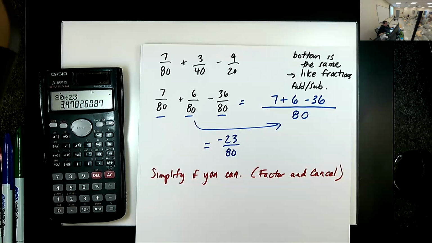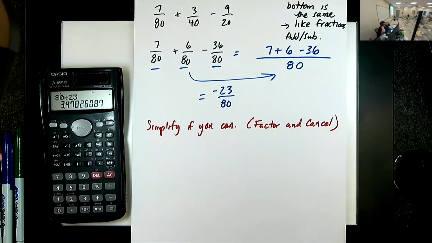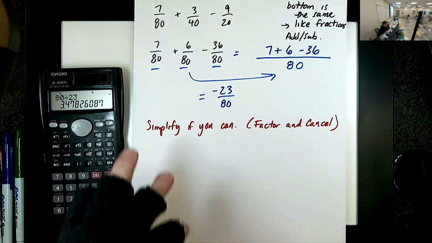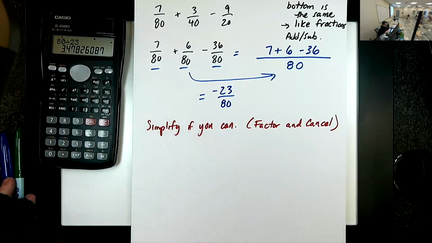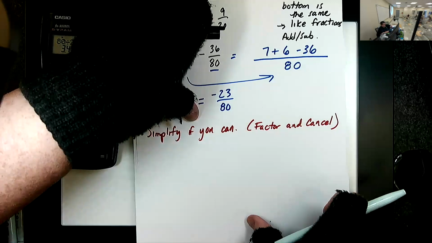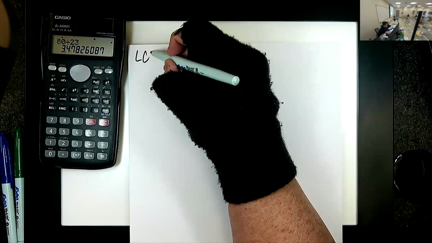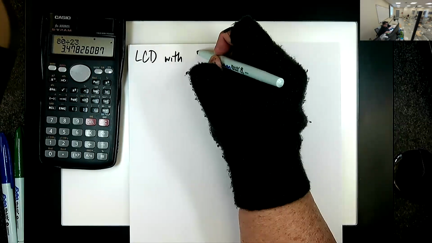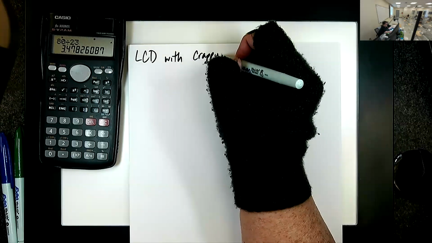All right, so that's where we start with the common denominators that were easy to find. Let's take a look at LCD with crappy fractions. I need a new page. When I say crappy fractions, the bottoms have very little in common.